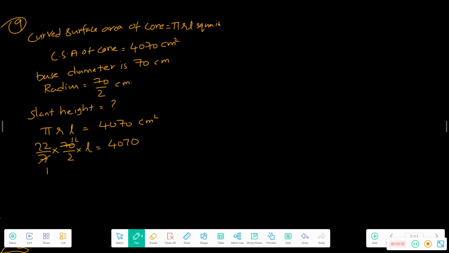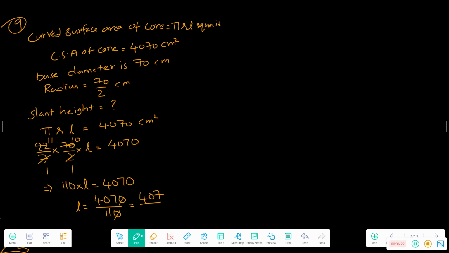So 7 ones are 7, 7 tens are 2, 1s are 2, 11s are. So it is 11 into 10 is 110 into L is equal to 4070. So L is equal to 4070 by 110. So 0 0 get cancelled.